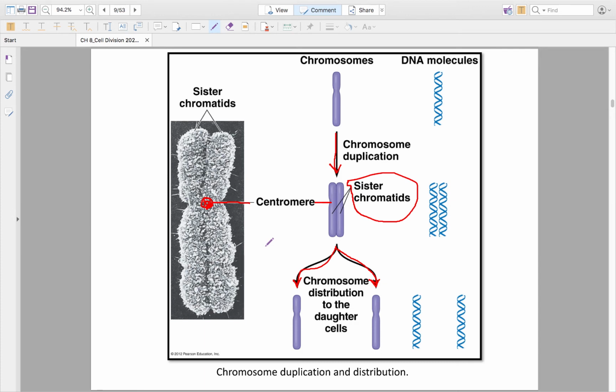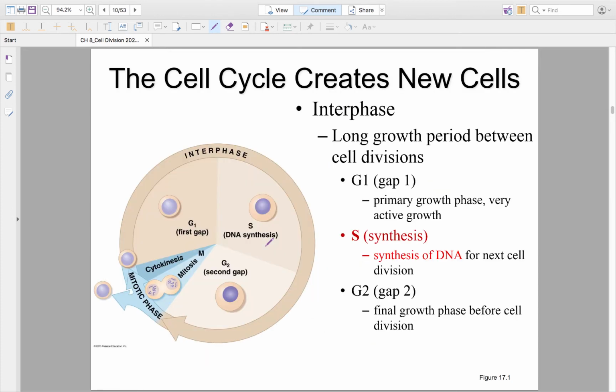So that's that. Now I think we're ready to talk about the cell cycle. The cell cycle is a cycle that every single cell has to go through in order to divide or replicate. I want you to understand this very well and pay close attention. Look at this pie chart here.